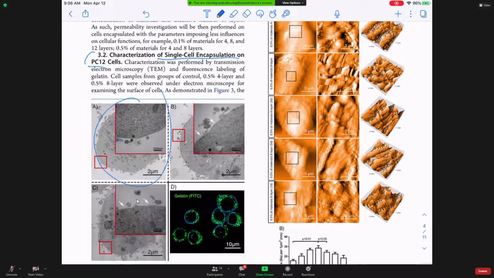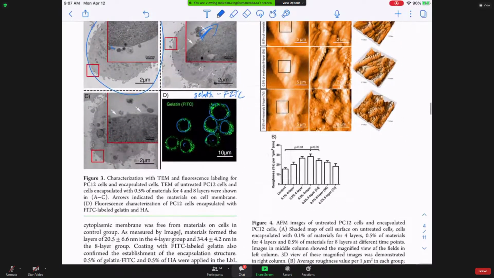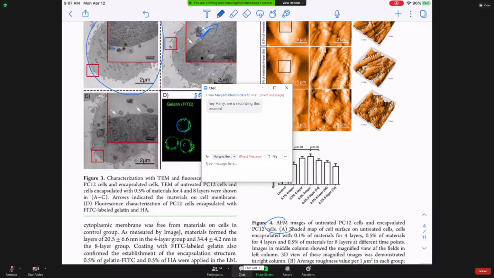Inside the cell, outside, we know the gelatin is labeled with FITC fluorescence, so we can check. Also, we can use TEM to check the surface layer. If you see this nano layer, that verifies whether the cell is coated or non-coated. Again, we use FM for further confirmation, and we can get the results.